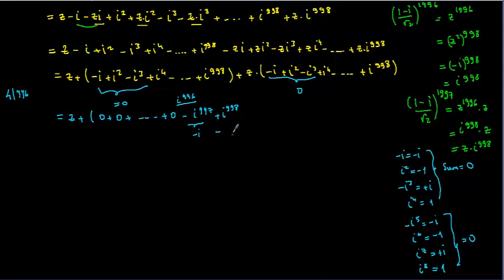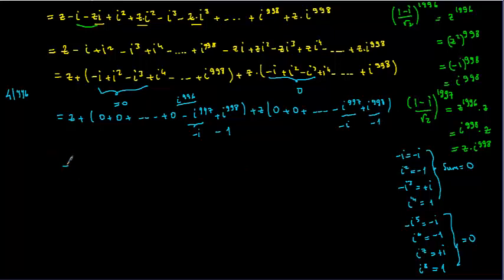If I come to this step here, plus z times everything is the same, 0 plus 0 plus, it's going to continue till the end, and at the end again we are going to have minus I to the power of 997 plus I to the power of 998, which are minus I and minus 1.